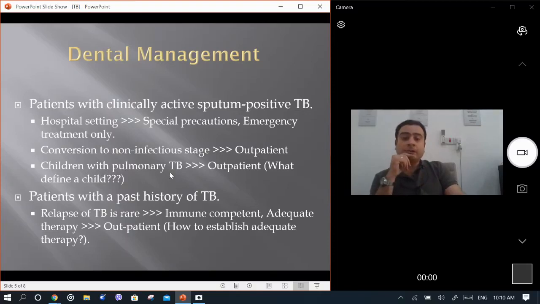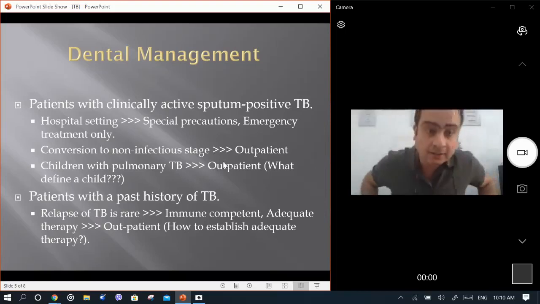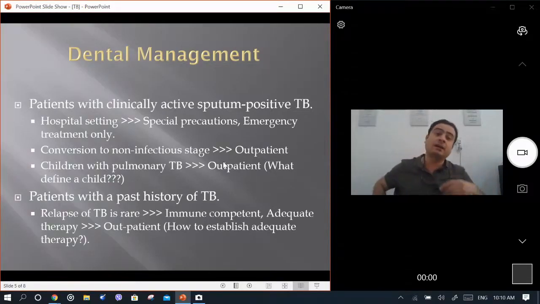Children with pulmonary TB, even if they have clinically active sputum-positive TB, can still be treated as outpatients. And why is that? Because children can't cough effectively, so they can't spread the disease by coughing.